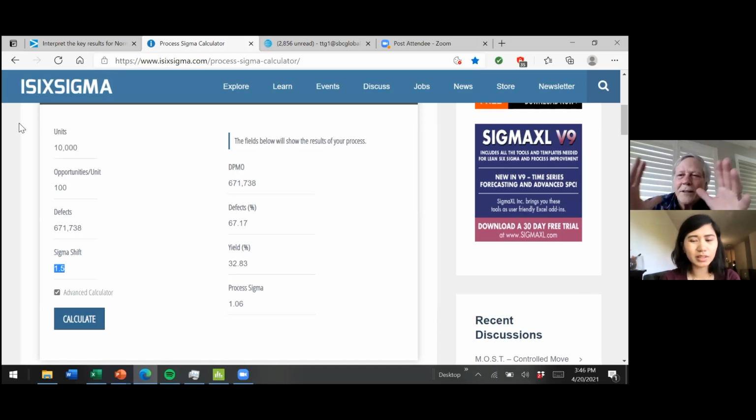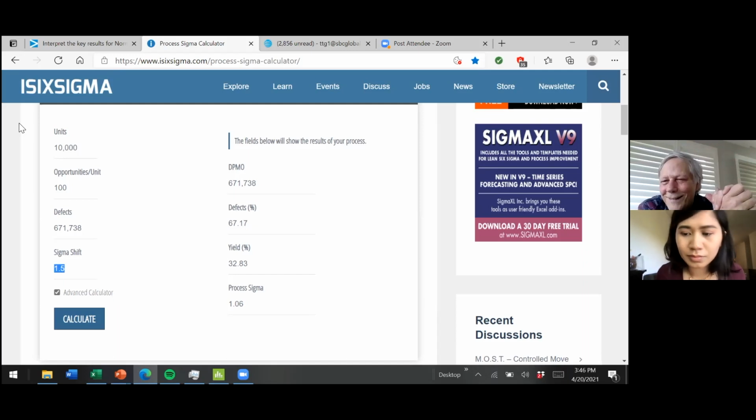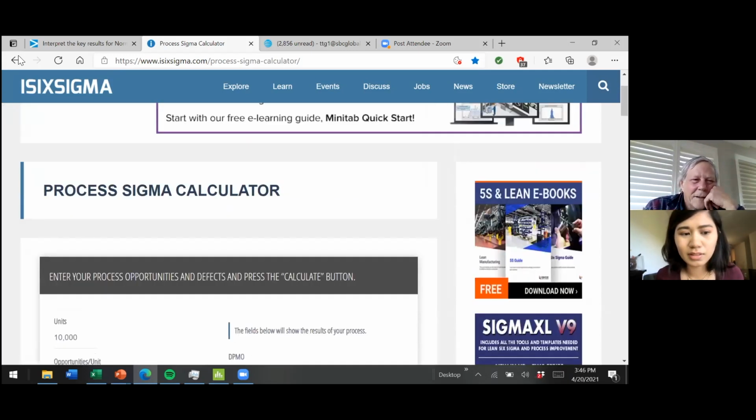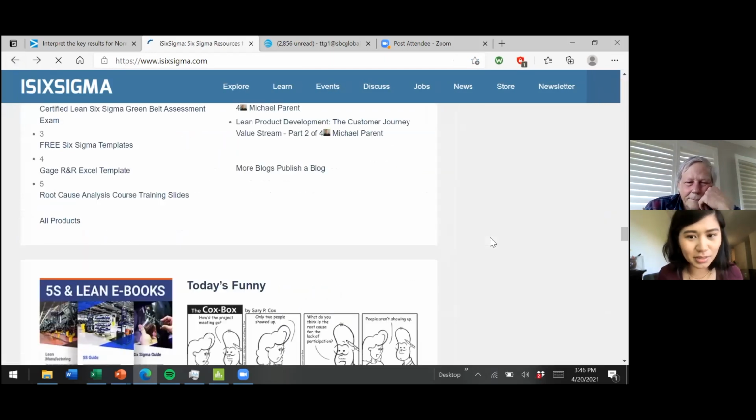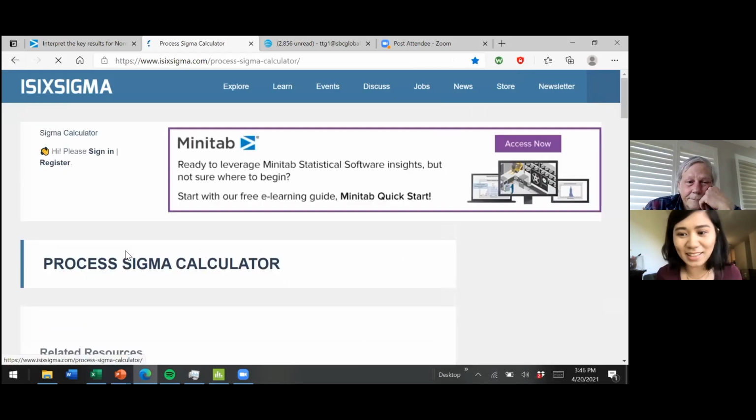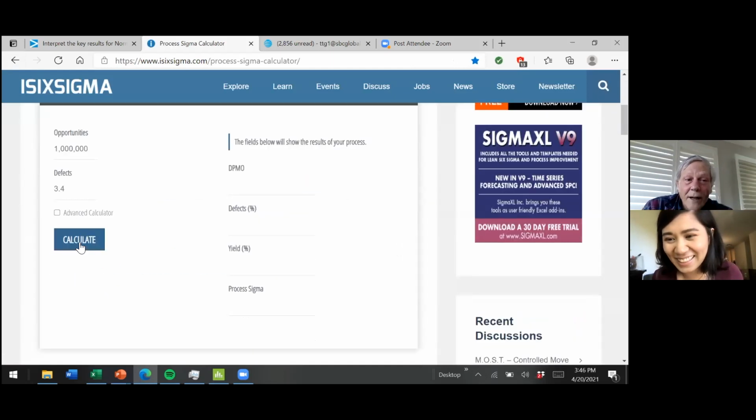No, yeah, they start to drift away from good performance. I don't understand the adding of 1.5 or the sigma shift. It doesn't make sense. But that's what it does. Maybe just to make the other Six Sigma practitioners look good, because no one gets a negative.